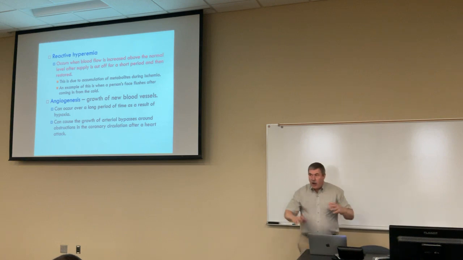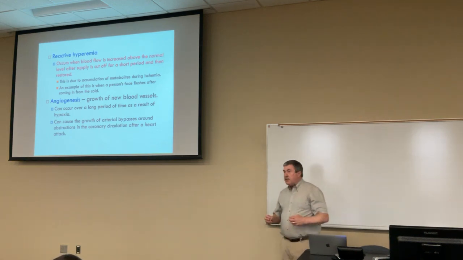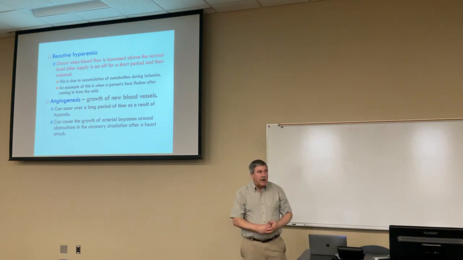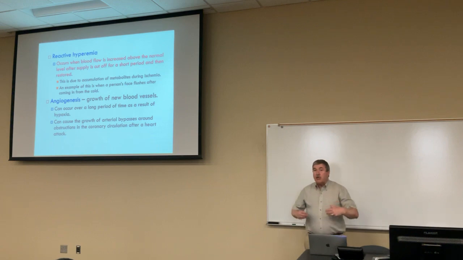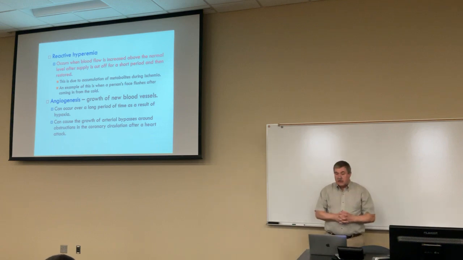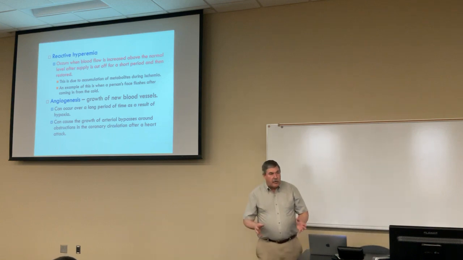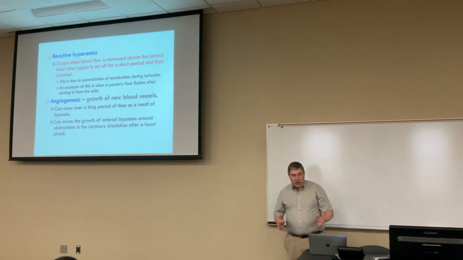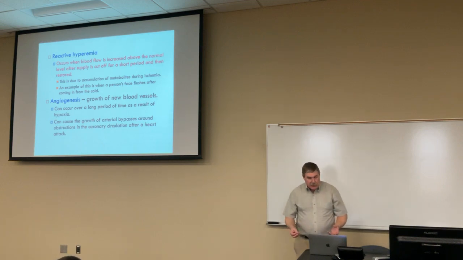Now, over the long term, there's a mechanism that helps to increase blood flow to a part of the body that's not receiving enough oxygen, and that is through the growth of new blood vessels. If there's insufficient blood flow for a long period of time to a part of the body, that lack of blood flow will stimulate the growth of new blood vessels, which is called angiogenesis.